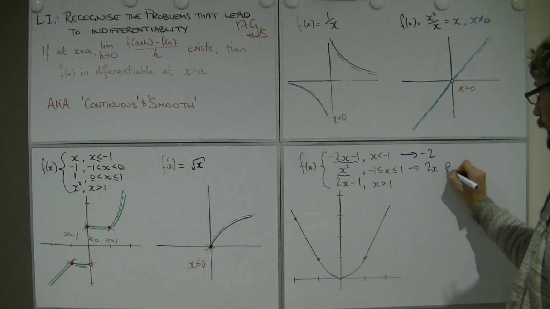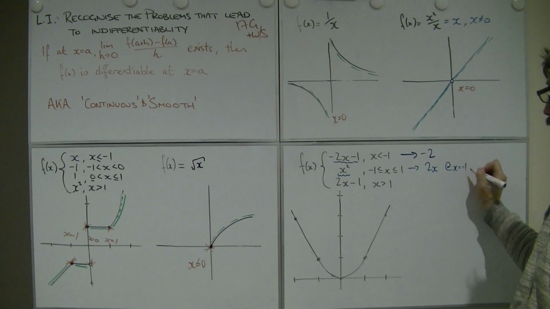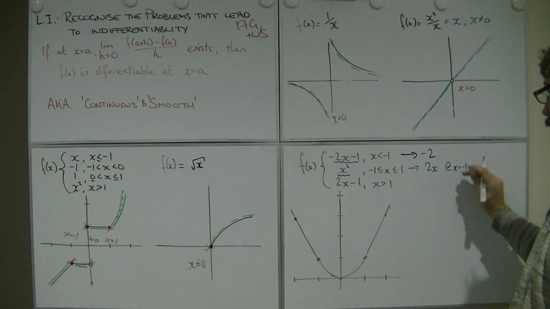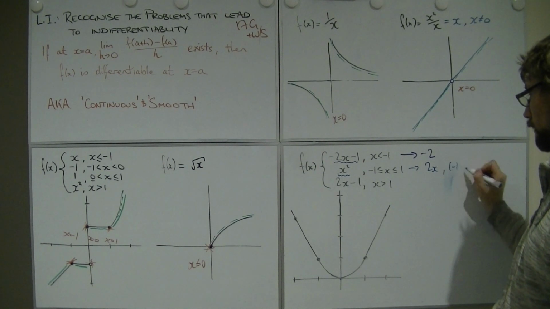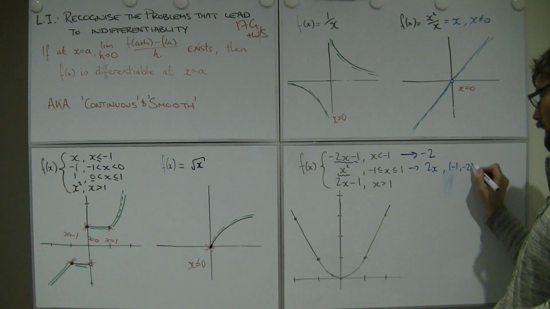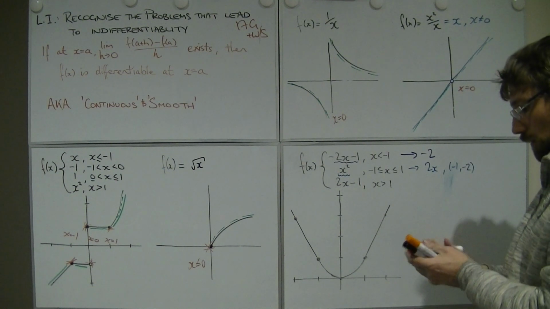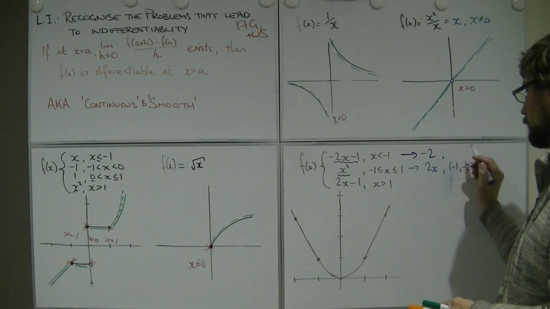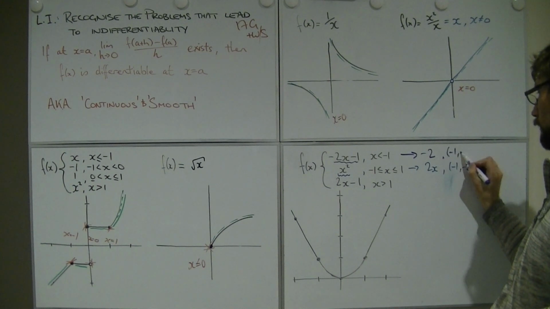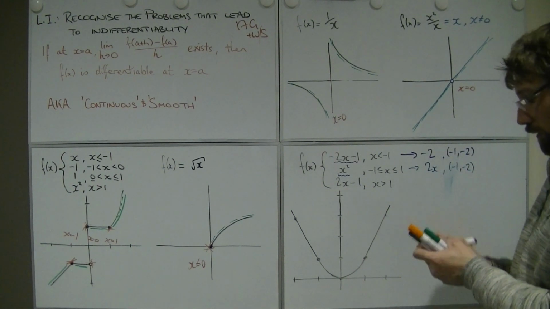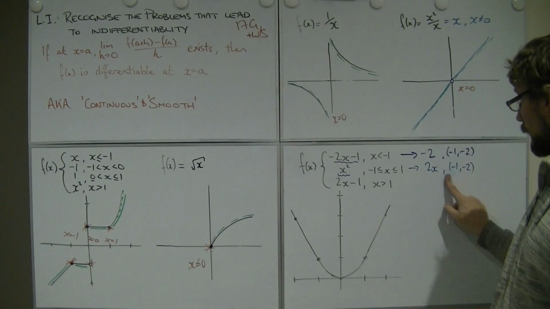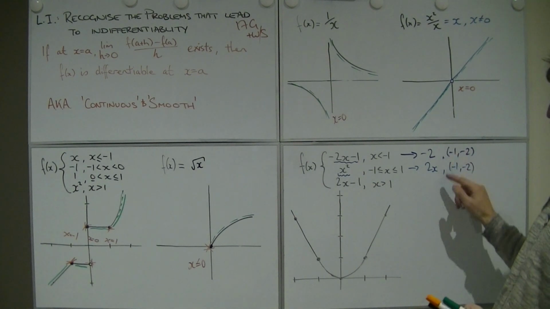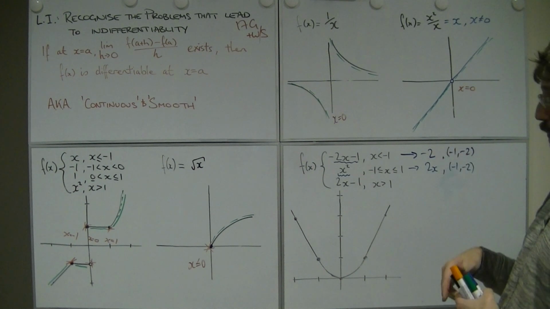So when x is -1, my derivative is -2. Okay, for this one, it doesn't matter what x is, so even when x is -1, I still get -2. Hopefully we can see these are pretty obviously in agreement. Great, so that means that they're smooth, because my derivative is the same at that transition point.